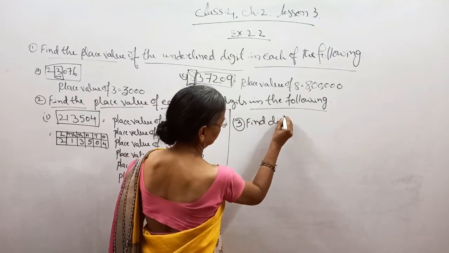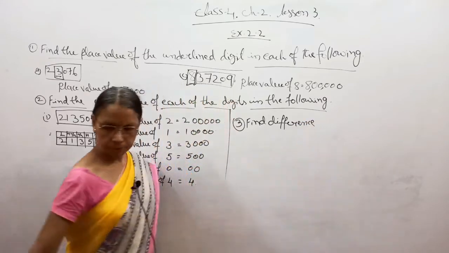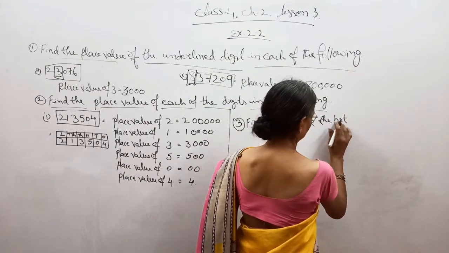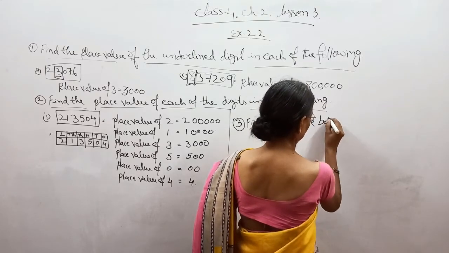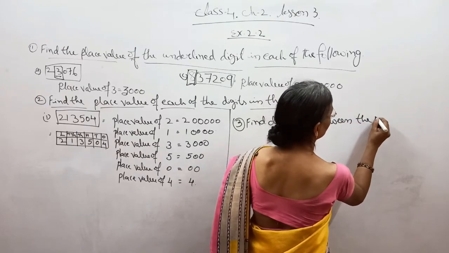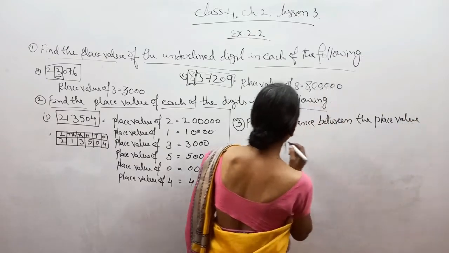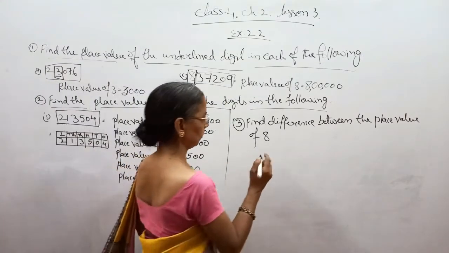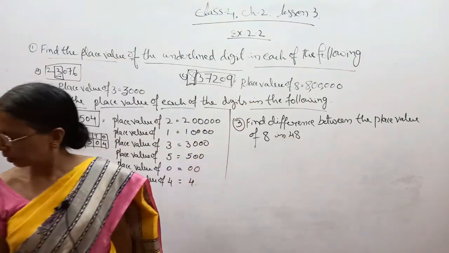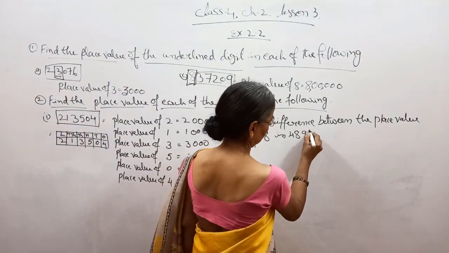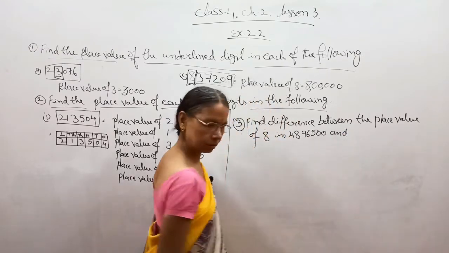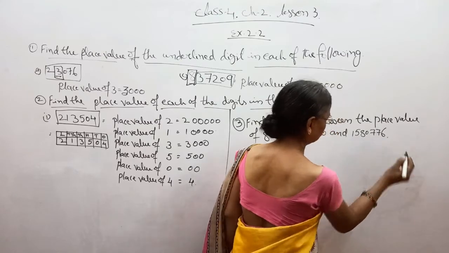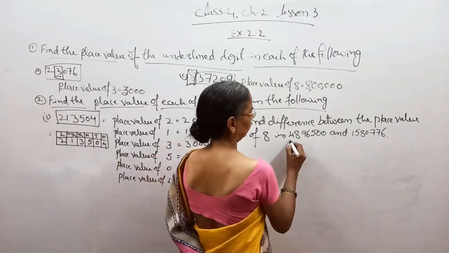Again, question number 3. Find the difference between the place value of 8 in 4,89,6500 and 15,80,776. अब इस क्वेश्चन में हमें देखना है कि यहाँ पे 2 नंबर्स दिए हुए हैं.